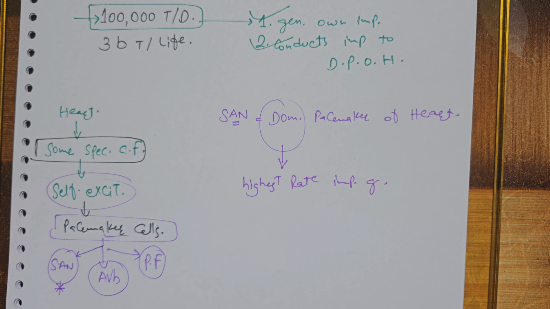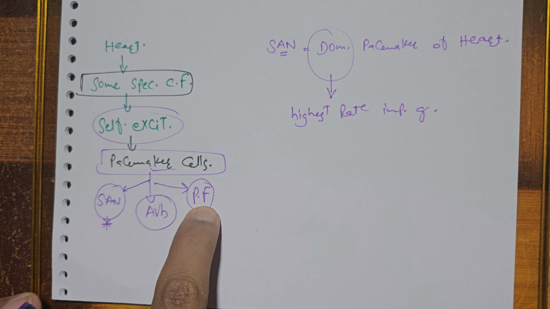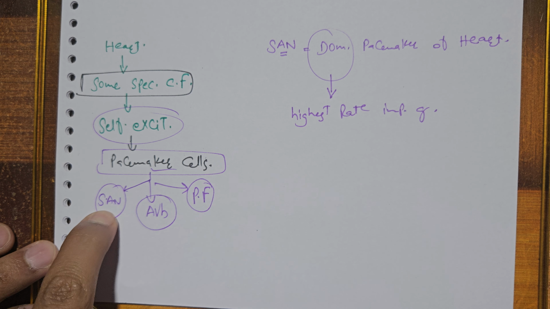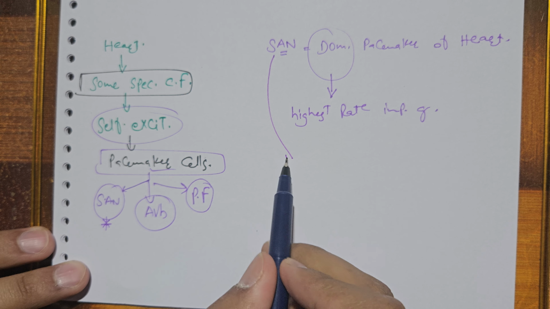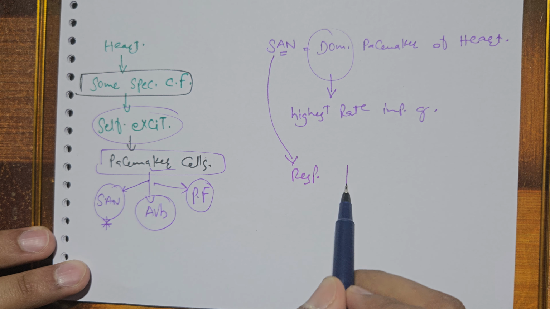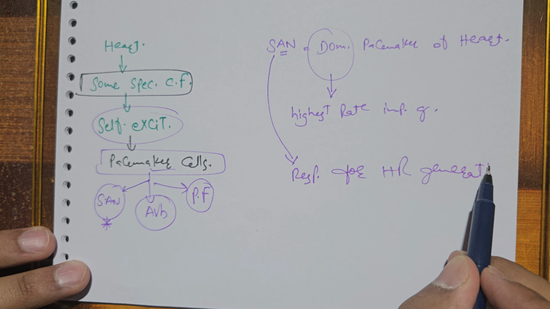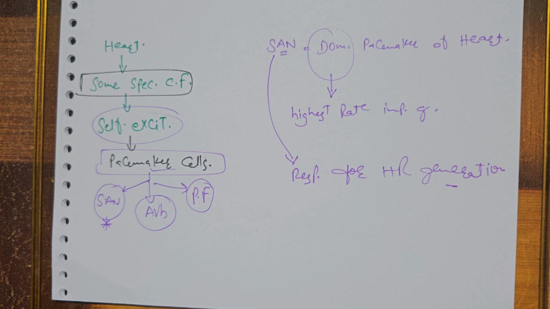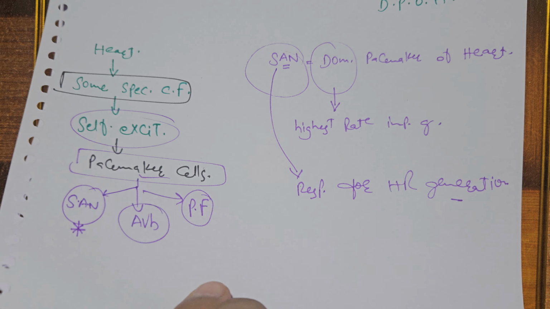The AV bundle and Purkinje fibers also generate impulses, but the highest number of impulses are generated by the SA node. Because of this property, the SA node is responsible for heart rate generation. So if anyone asks you which part of the heart generates heart rate, you can say with confidence that it is the SA node. Is that clear, my students?